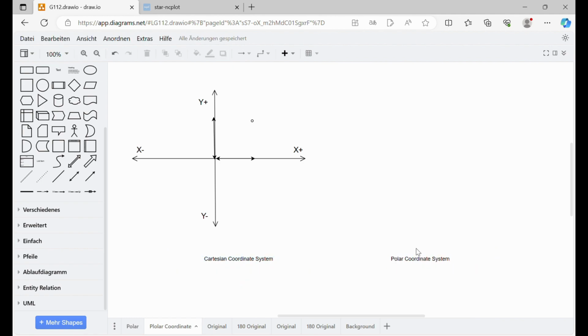In the polar coordinate system, we can define the same point that we have with two linear axes with a linear and a rotating axis, actually with an angle and a length.